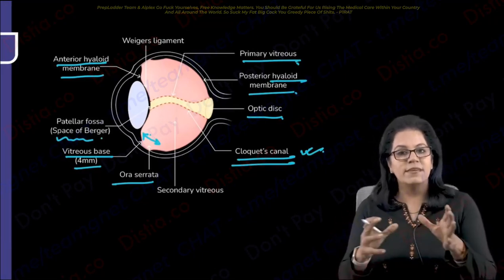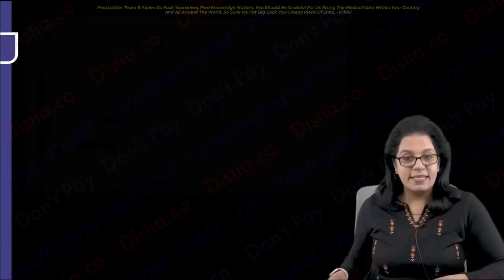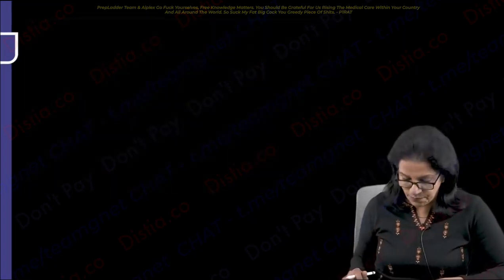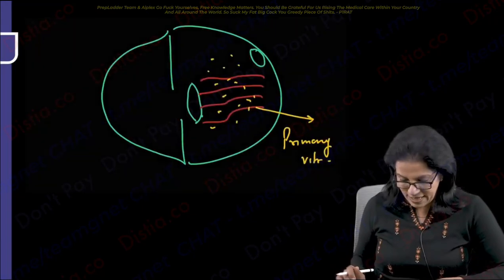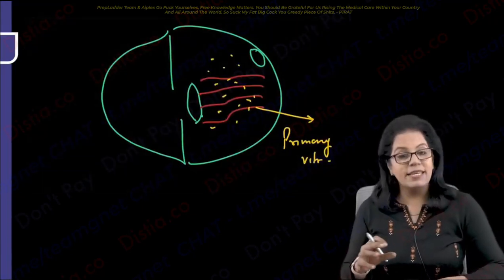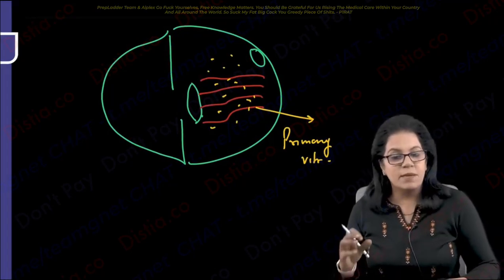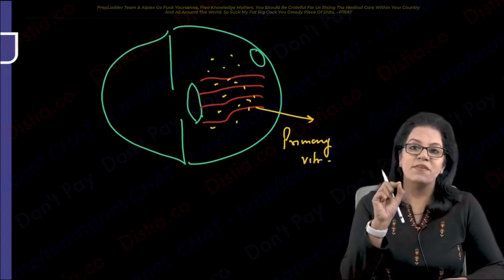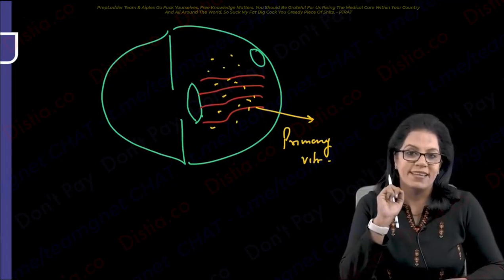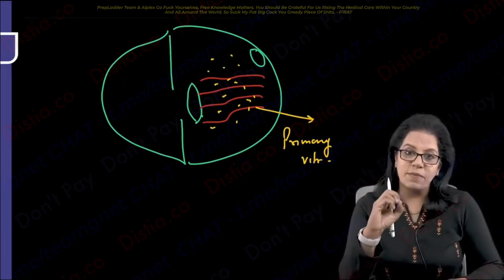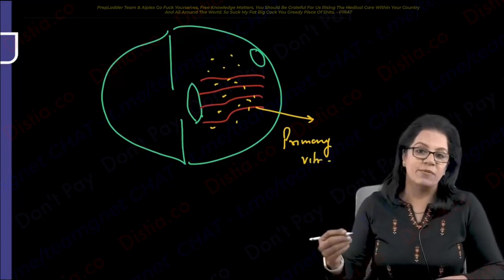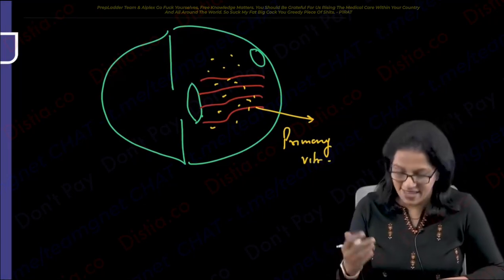Right? So once you are clear with the anatomy of the vitreous, the next thing that you have to know is that during regression, sometimes a part of the primary vitreous can be left. So the remnant of the primary vitreous can be of many types. So now learn with me the way I am talking.